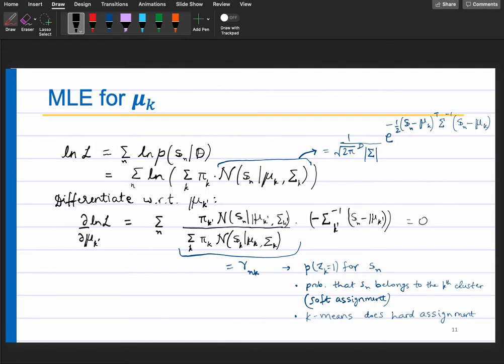Okay, so basically, how do I obtain this? This is some constant into exponential. What is the derivative of this with respect to mu k? The same constant, the exponential times the derivative of the term in the exponent with respect to mu k dash, right? So now here I have to write the derivative of this thing in the superscript.